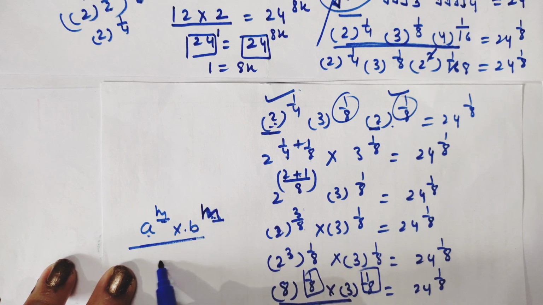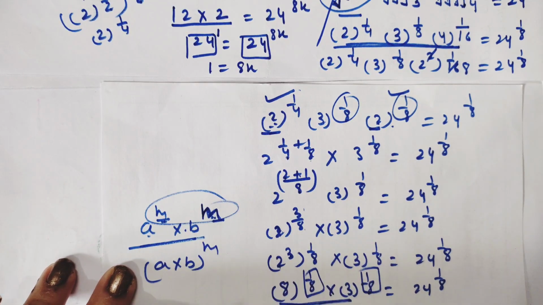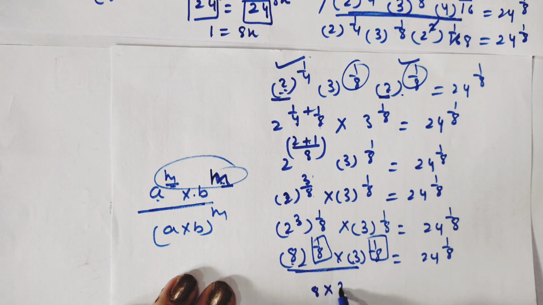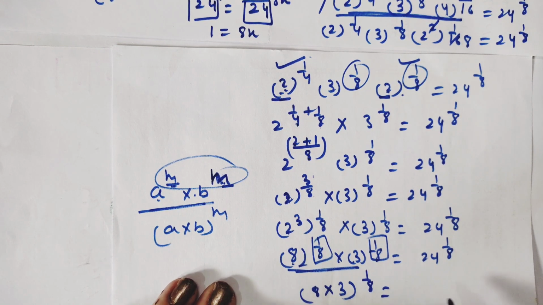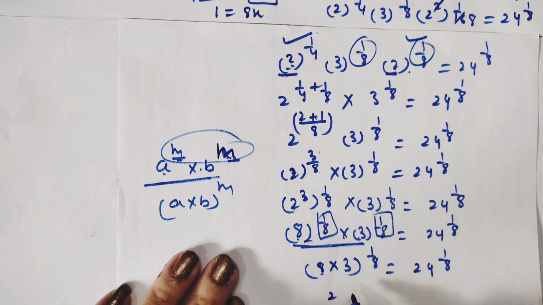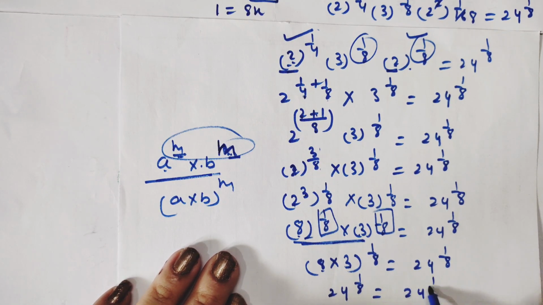In this case, we will multiply these bases and write the power, whole power m. Similarly, 8 and 3 we will write like this, and the power we will write only one time, and 24 power 1 by 8. Now you can see 8 threes are 24 power 1 by 8 and 24 power 1 by 8.